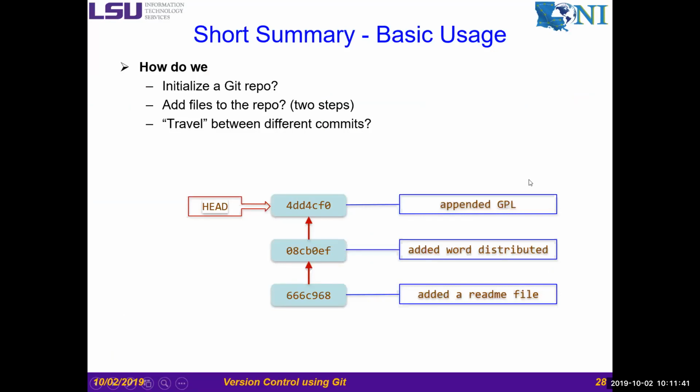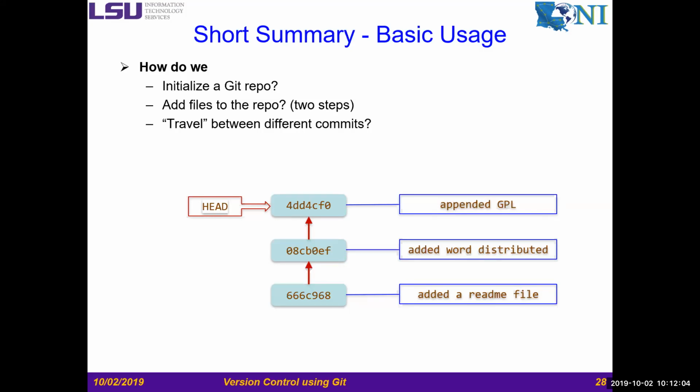So, so far, you should understand how we initialize a Git repository. How do we add files? Actually, how do we add changes to the repository? What are the 2 steps to do a commit? First, we do git what? Add.